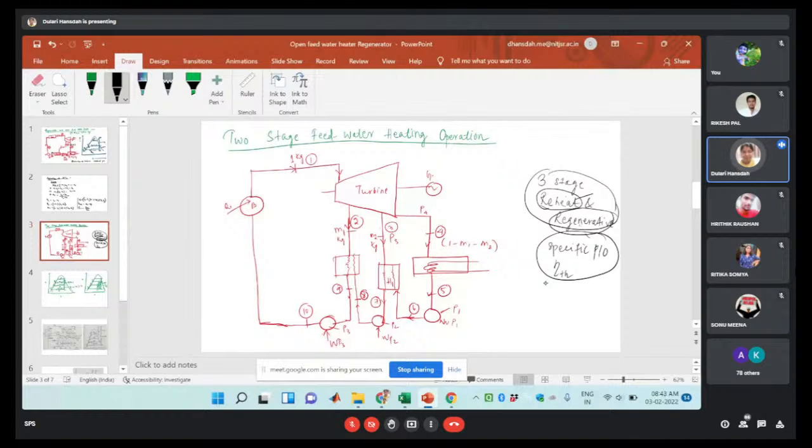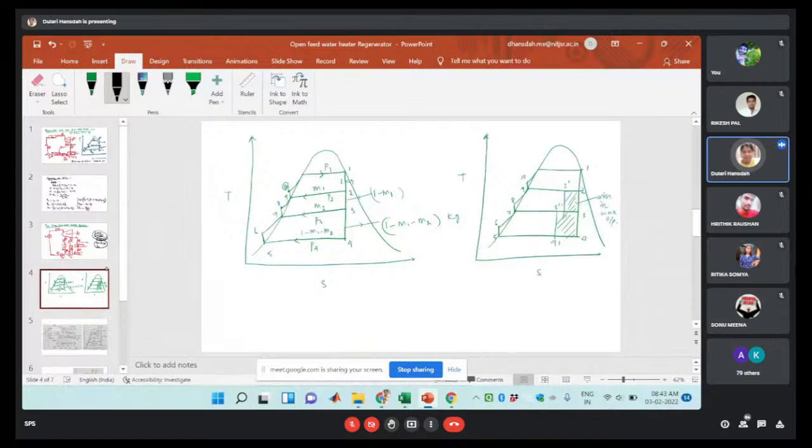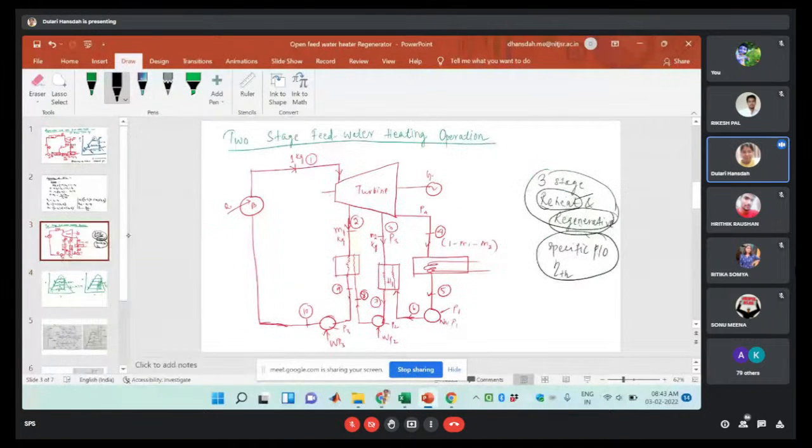As I have already told you, in the regenerative cycle you will have some specific power output losses, so the turbine work loss we will also find out. Here it is shown as the loss in work output. I think this diagram is clear to you.